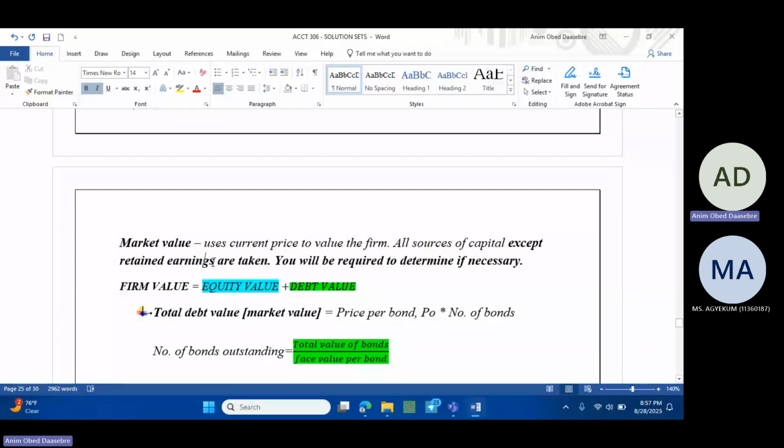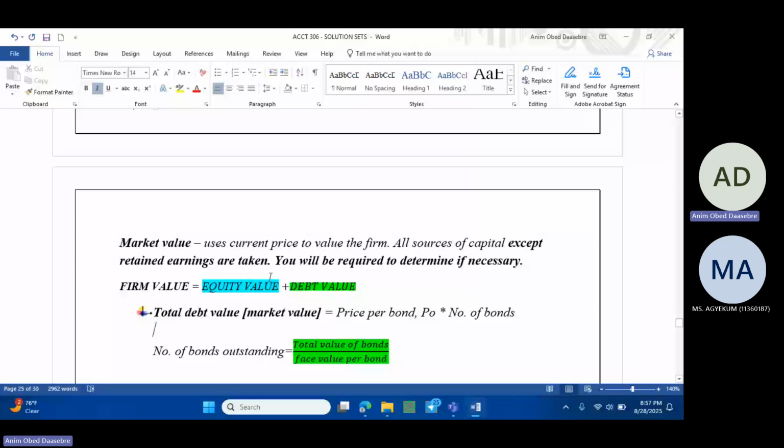Yeah, also the same as retained earnings. So you'll be asked to determine the market values. To find the market values of each of the components, you should know their current price.